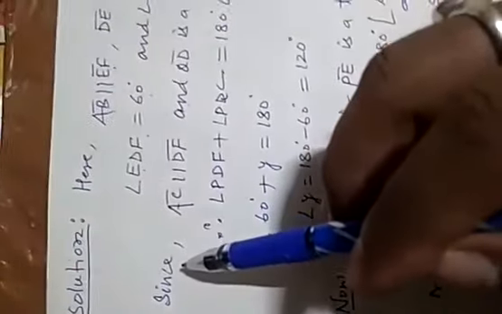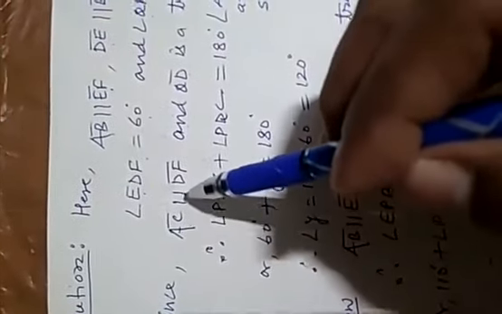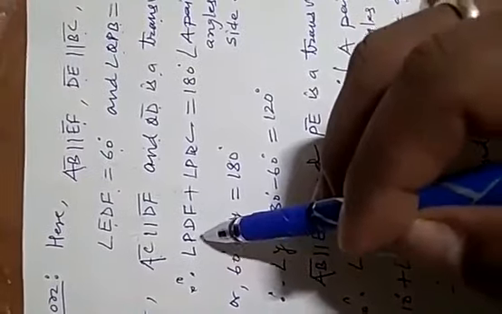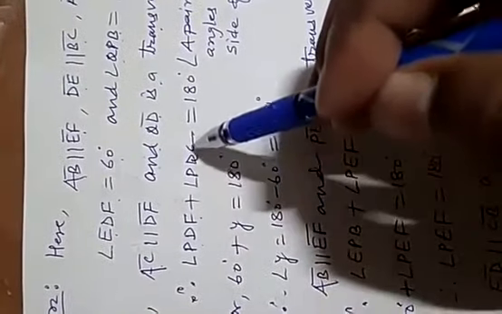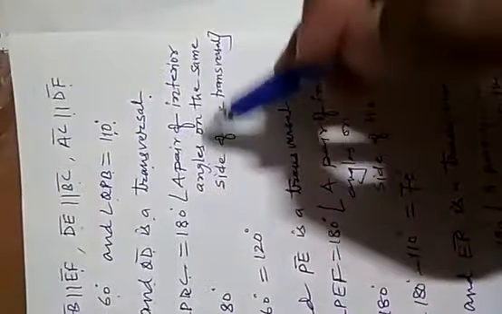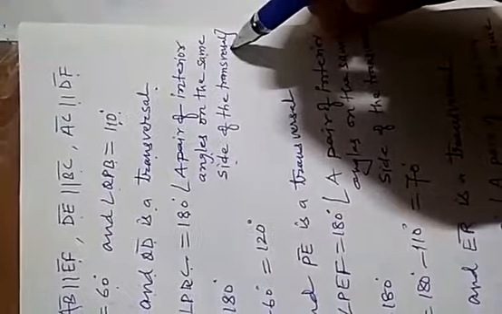Now, AC is parallel to DF and QD is a transversal. Therefore, angle PDF plus PQC is equal to 180 degrees. A pair of interior angles on the same side of the transversal.